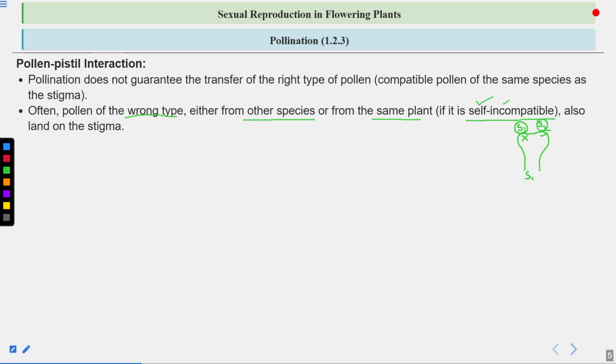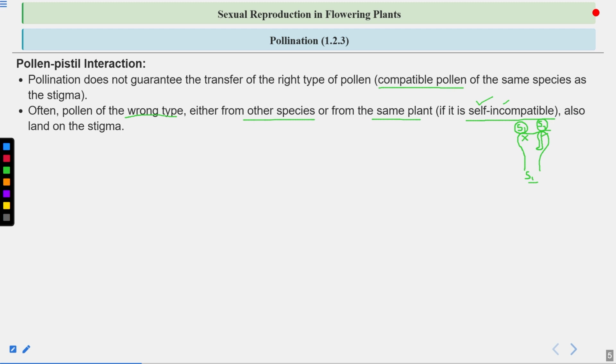Whereas here you can see the compatible pollen they are talking about. So S2 is compatible for S1. So this S2 will germinate here. It will germinate and give rise to the pollen tube. The first thing is here.